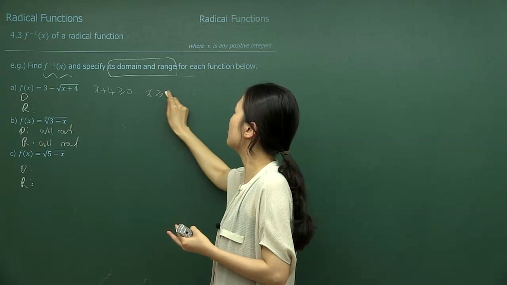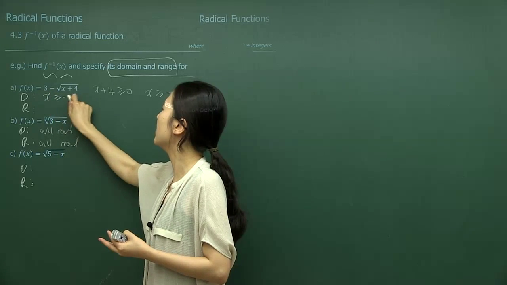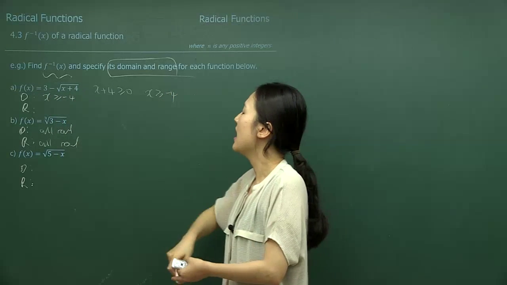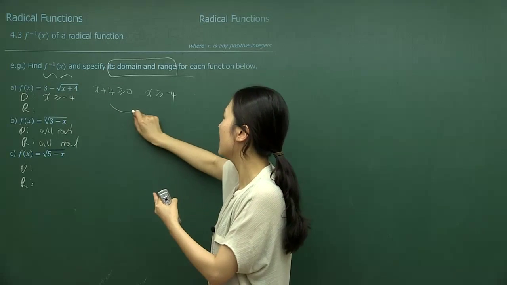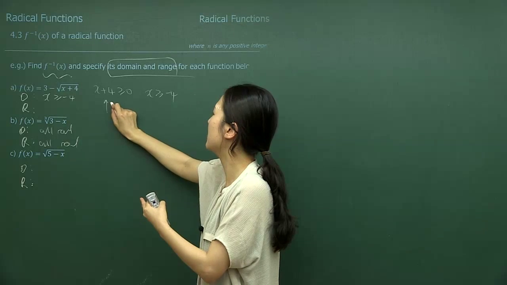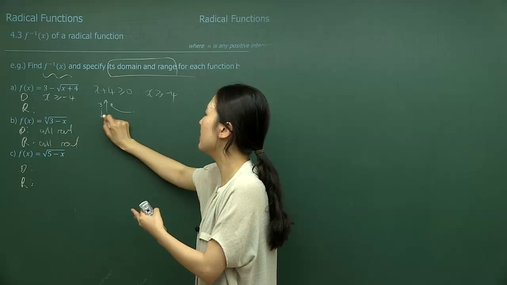Hence, x has to be greater than or equal to negative 4. So x is greater than or equal to negative 4 is your domain. And for your range, again, it's flipped, and then it was pushed up by 3 units. So it will be starting from 3 and below.